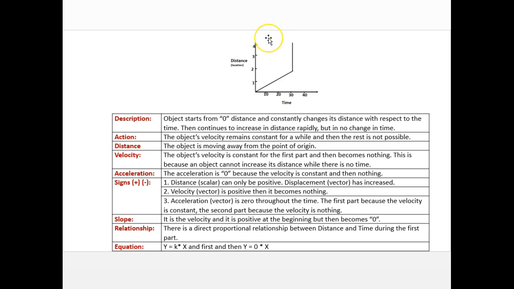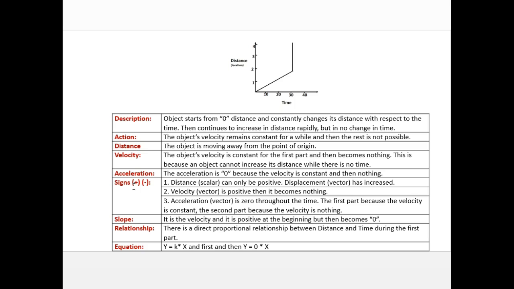Okay, so the object's velocity is constant, meaning the acceleration is going to be 0. Because the object cannot increase the distance, and there is no time. Distance will be positive. Displacement has increased.